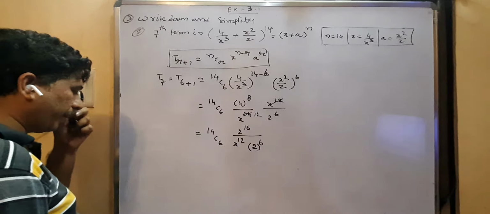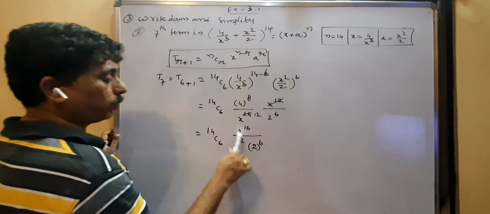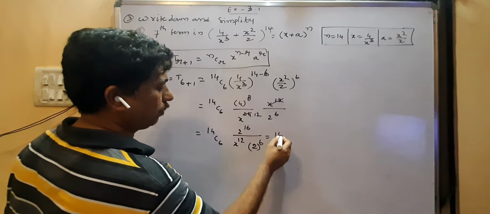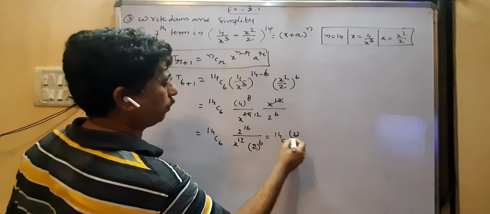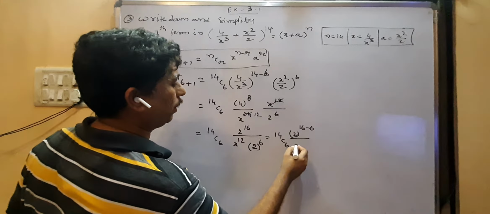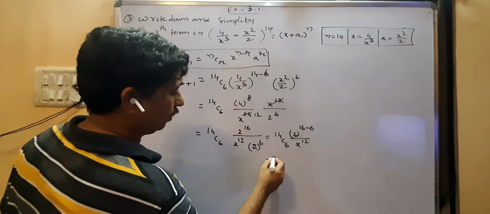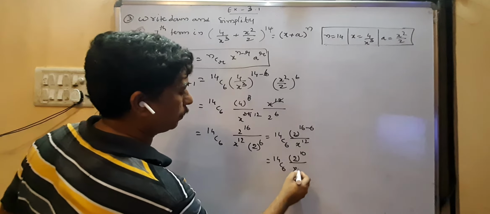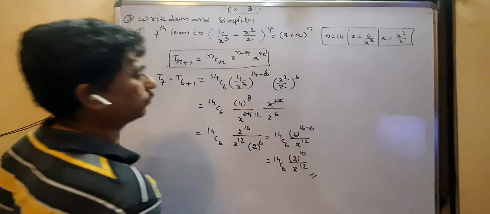A power m by a power n is a power m minus n, so 2 power 16 by 2 power 6 is 14C6, 2 power 16 minus 6 by x power 12. 14C6, 2 power 10 by x power 12 is the answer.